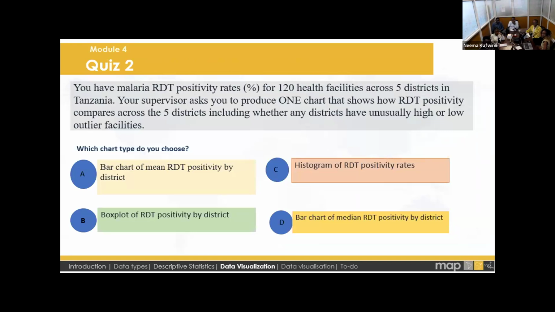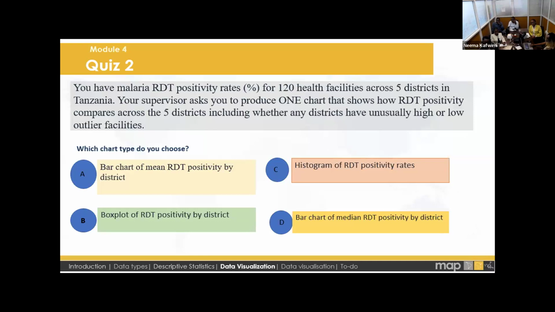Let's pass through this question just to make sure we understand the point. You have malaria RDT positivity rate for 120 health facilities across 5 districts in Tanzania. Your supervisor asks you to produce one chart that shows how RDT positivity compares across 5 districts, including whether any district has an unusually high or low outlier facility. So which chart type do you choose?